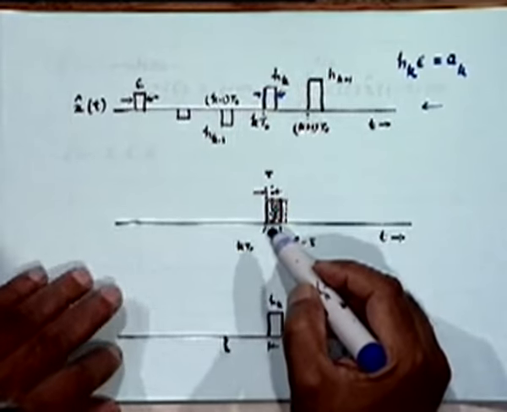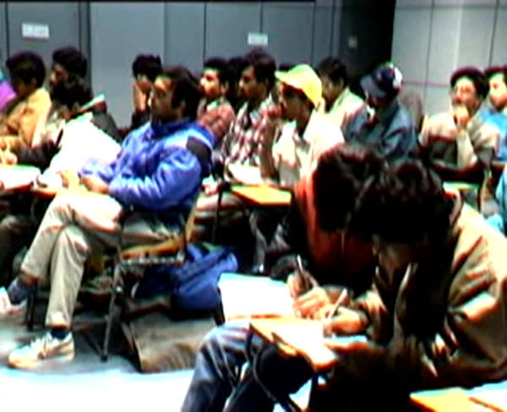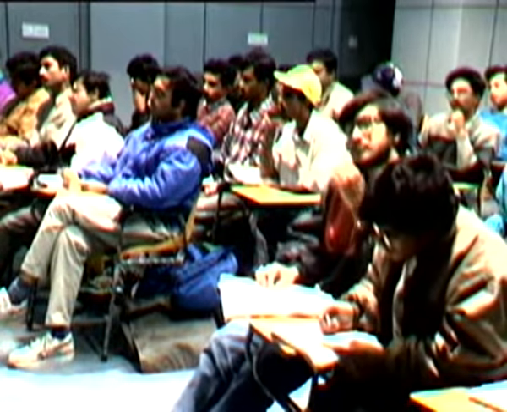So have you assumed that the gap between two pulses is greater than epsilon? That's right, because epsilon we are anyway assuming to be vanishingly small eventually. That is understood.